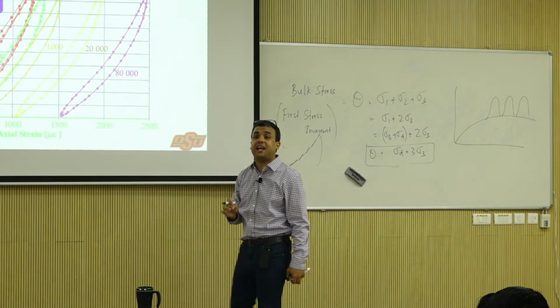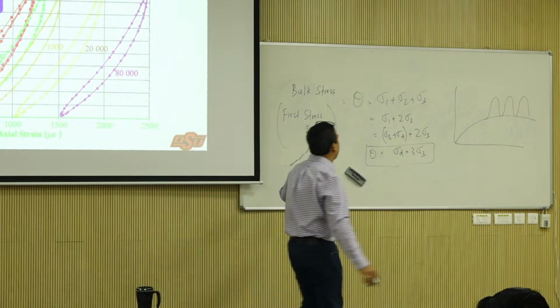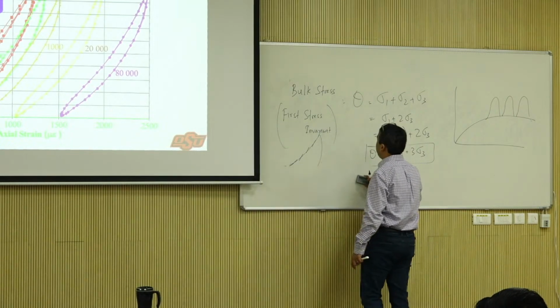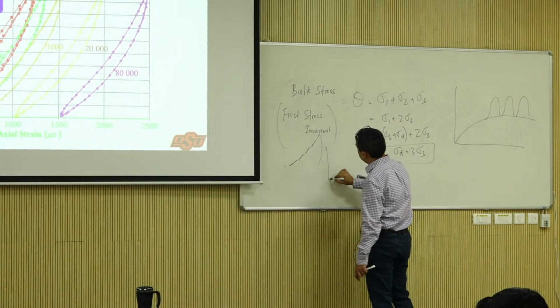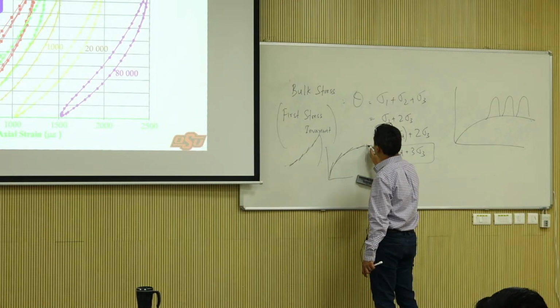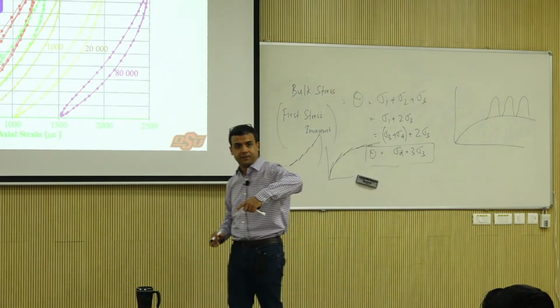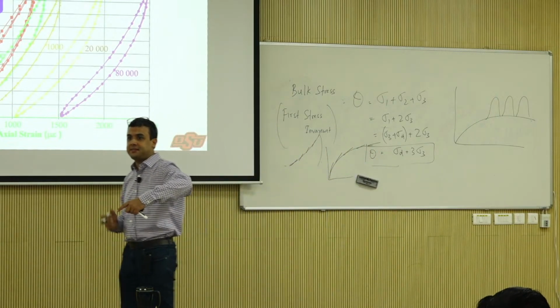If you had a stress softening material, which is what I drew because that's the most common one when you are explaining the concept, you have the curve going this way. So if you draw a tangent here, here, here, here, here, it's rotating downwards. Does that make sense?